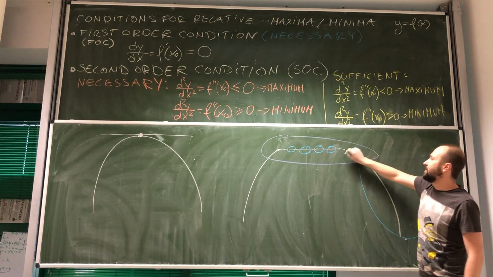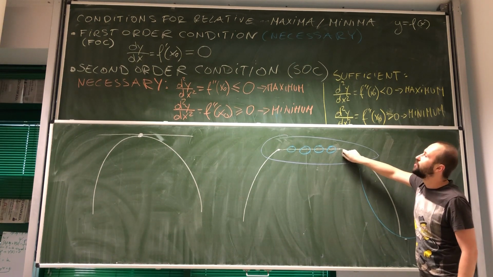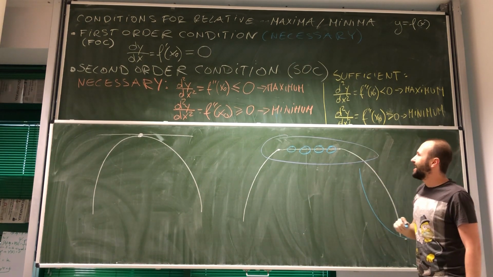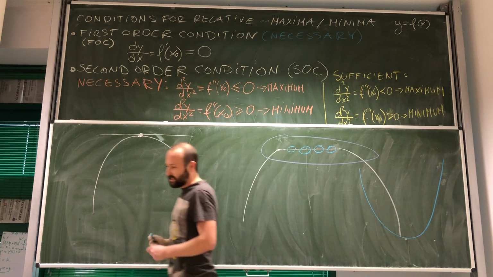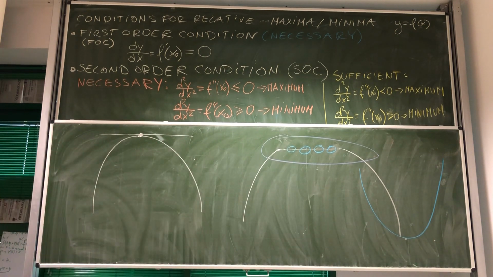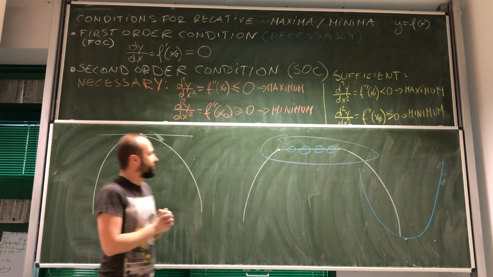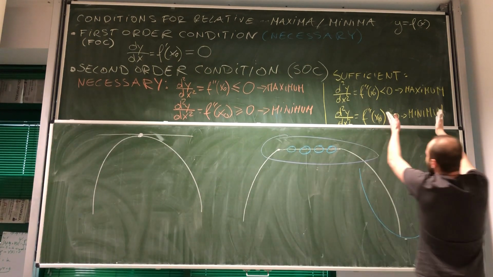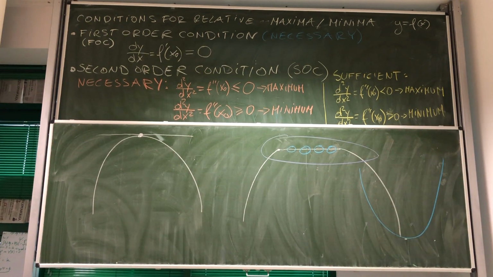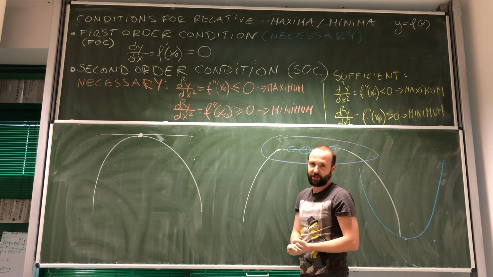We're not going to consider cases like this. I just want you to know that when we have a case like this, then the necessary condition is better. And remember that also, if the sufficient condition is fulfilled, then definitely the necessary condition is fulfilled.